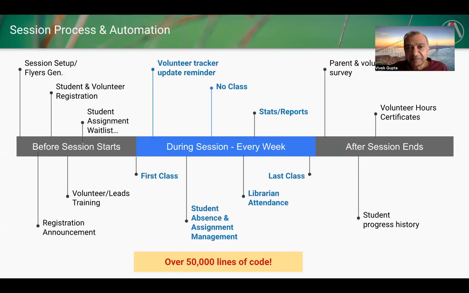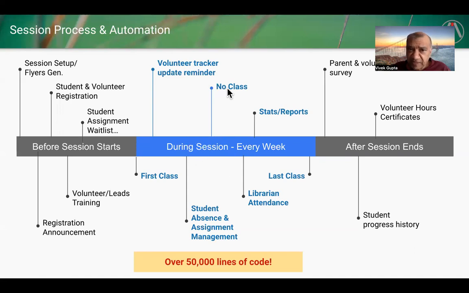All right. This is just a sample example of so many things that happen within the system every week. Before the session starts, of course, many things are happening. You're concerned more around what is happening every week. And we send out a bunch of different emails. The most important thing is that we send out a reminder for the first class and the last class.